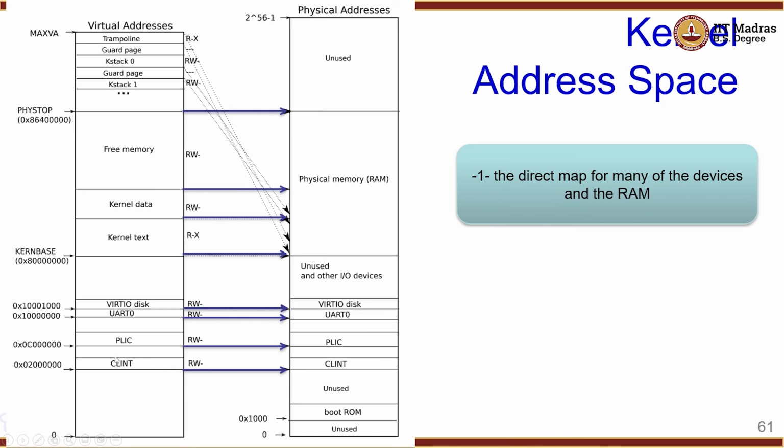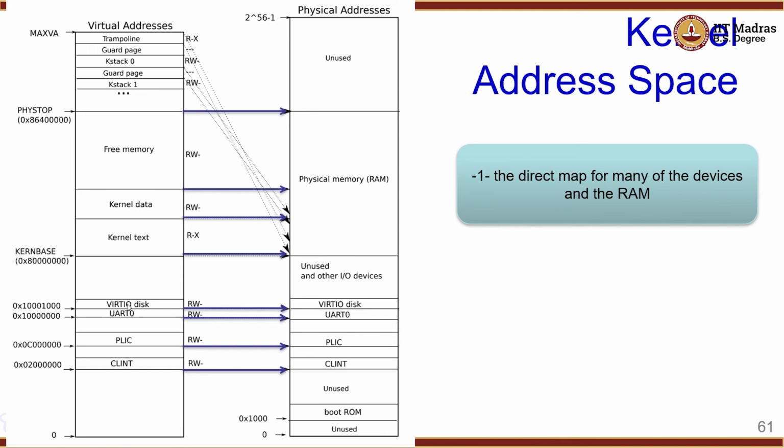So why do you need to map each of these devices to the corresponding physical address? The reason is that once the memory management unit is turned on, every address emitted out of the CPU is considered a virtual address and needs to be translated to a corresponding physical address.